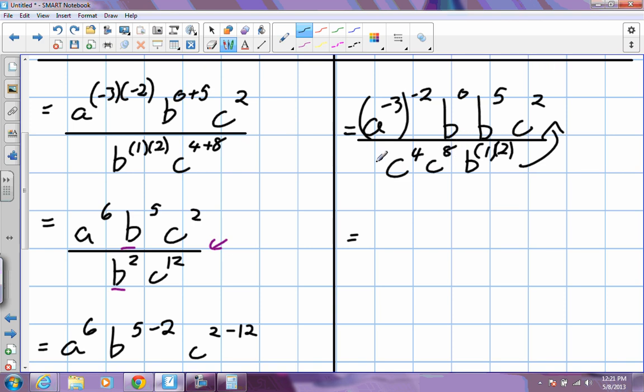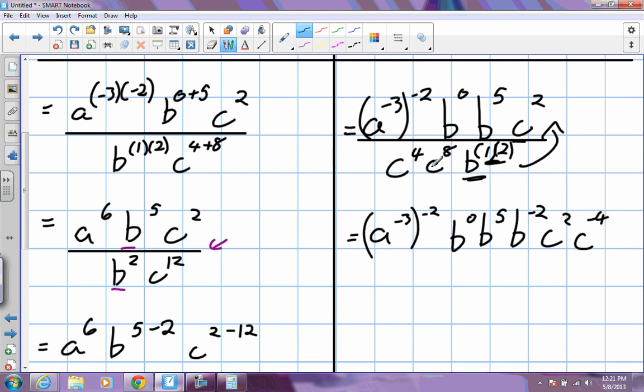So, we have a to the power of negative 3, negative 2. Let's put all the b's together. This b here we know is going to be the value of 2. So when we bring it up, it becomes negative 2. So b0, b5, b negative 2. And our c's: c2, c negative 4, c negative 8.